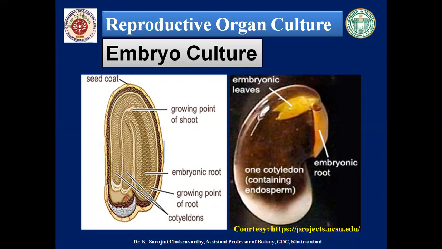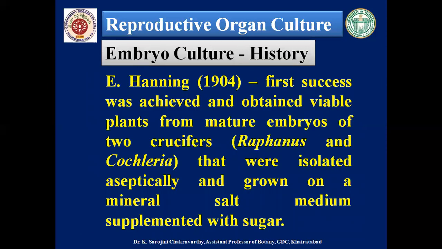This is the basic reason why the embryo was taken as an explant, because it develops into a plant. It consists of both the shoot primordia and the root primordia, which later develop into an adult plant. That's why the embryo can be taken as an explant and cultured to produce plantlets. Okay, now we'll go with the history.